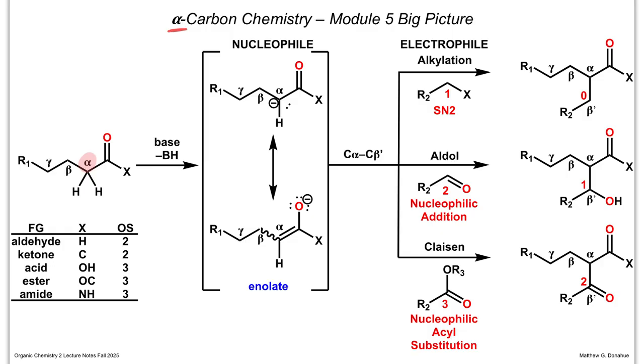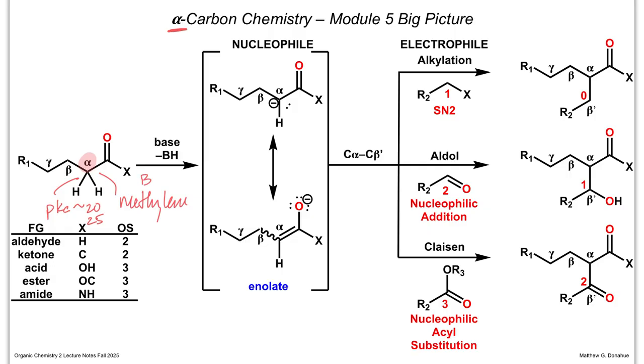So for this specific model, we have a methylene group. So that's a CH2 group. And the pKa of that alpha carbon CH can be between 20 to 25 based on what the X group is. But it's significantly more acidic than a normal CH bond of an alkane.